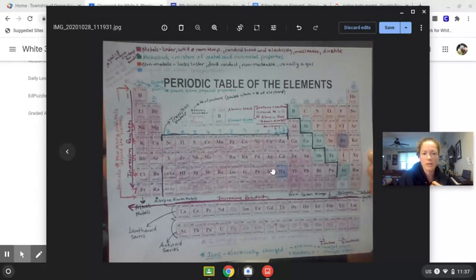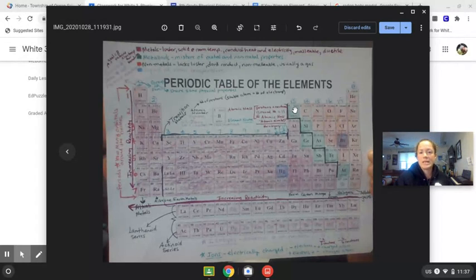All right, these guys are all transition metals, but they have their own families also. So this row, they don't have a special name down here, so we're just going to call them group 3. I mean, this column. This column doesn't have a special name. They're group 4, group 5, group 6, group 7, group 8, group 9, group 10, group 11, group 12.